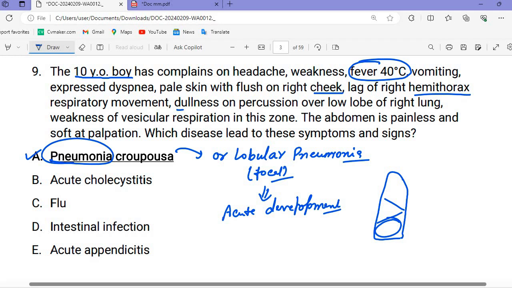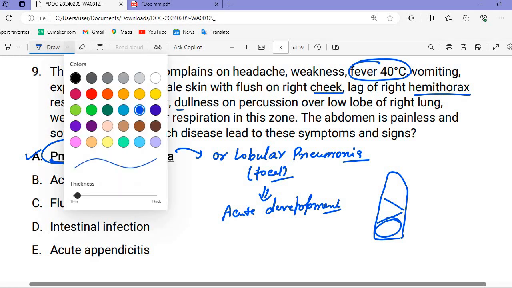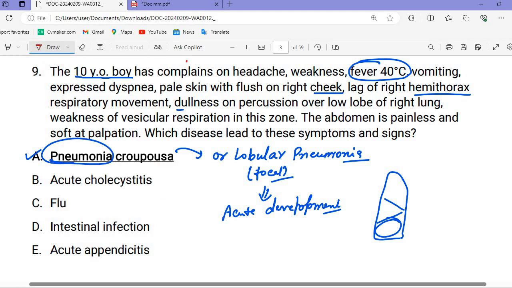There are things we already studied during our third year. We have the right lung and the left lung, and in both we studied the lobes. We have the upper lobe, the middle lobe, and the lower lobe. One lung has 2 lobes, the other has 3 lobes. Then remember we have the 10 segments.